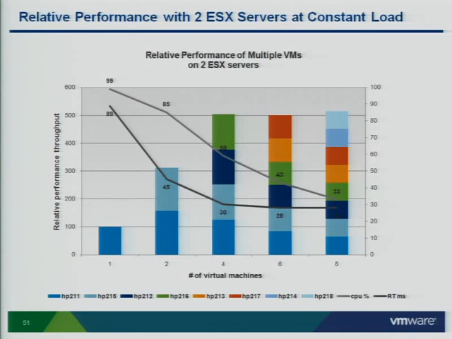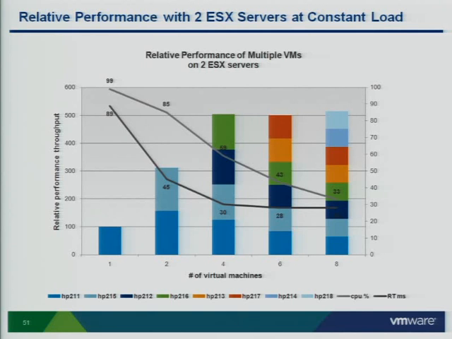In this case, the load is constant, and with 2 virtual machines, you will see higher performance, more than double the performance, because in a single virtual machine environment, there is a lot more constraint and a lot more overhead when handling the load.